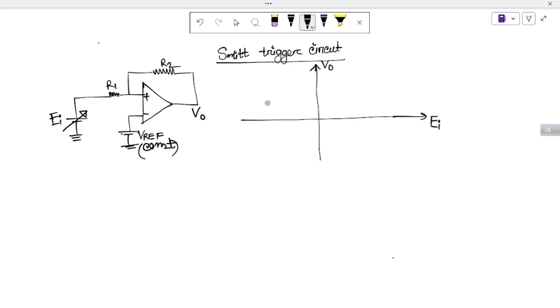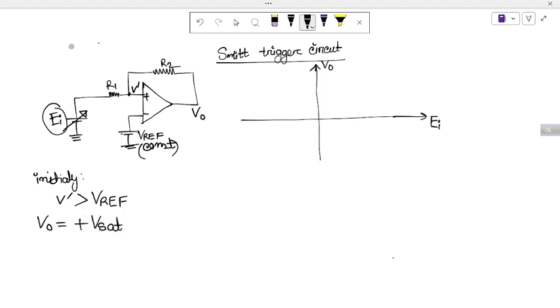So let's start. Initially, set EI such that the non-inverting terminal voltage V prime is greater than the reference voltage. If the non-inverting terminal voltage is greater than the inverting terminal voltage, we will simply get output voltage equal to positive Vsat.